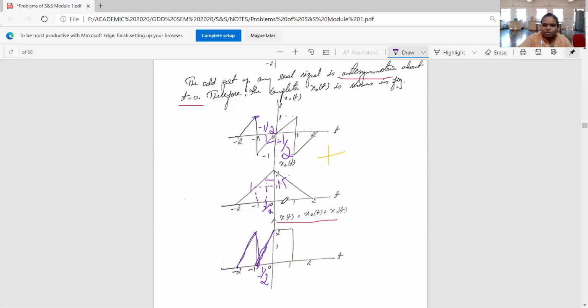Next, from 0 to 1. Before that, we'll erase the whole part. Then from 0 to 1, what is the 0 to 1 value?